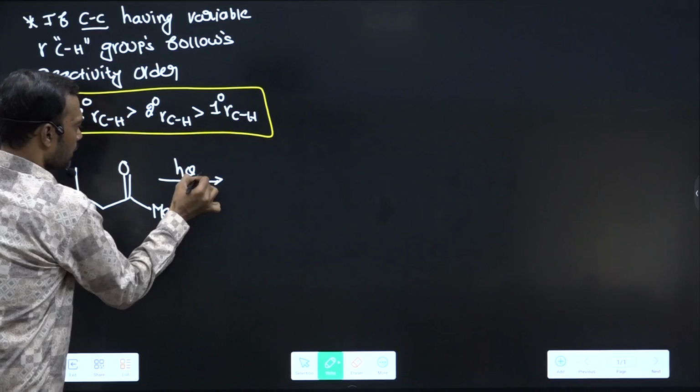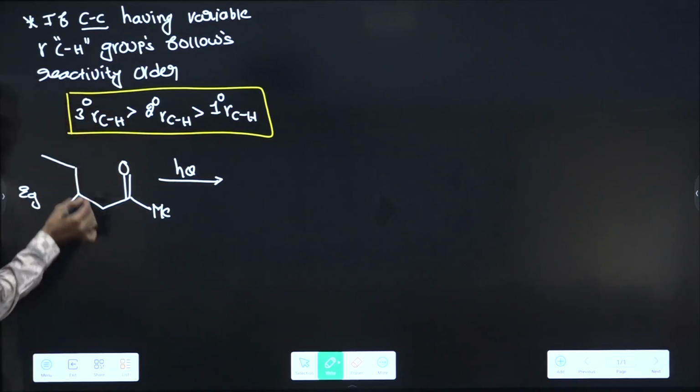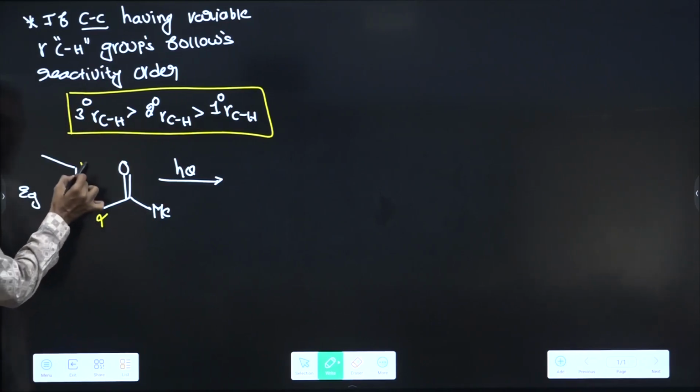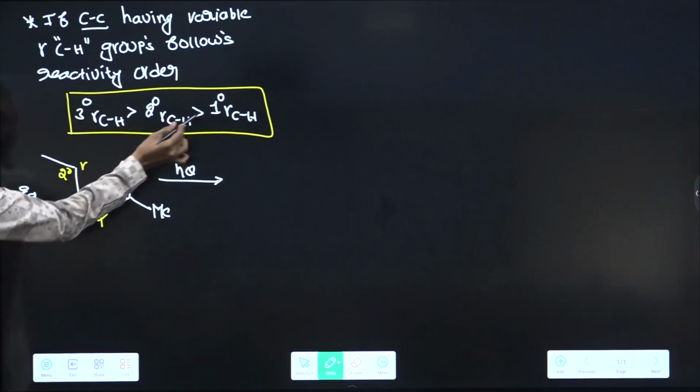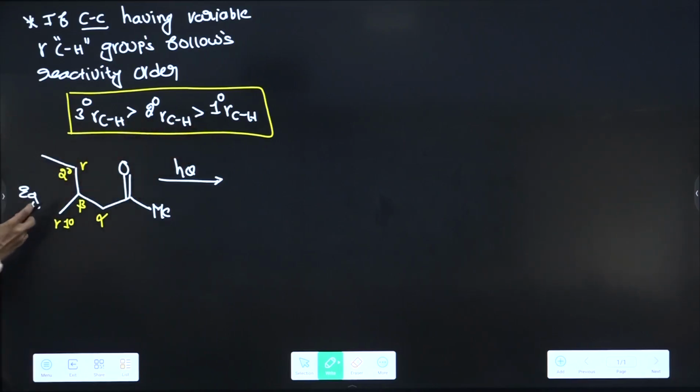So I am doing photochemical irradiation now. What about this carbon? Alpha. What is this? Beta. Which is gamma? Above is gamma. Below is also gamma. But which gamma should I take, above or below? Above, this should be taken, because it is secondary. And this one is primary. Between secondary and primary, secondary is more reactive.